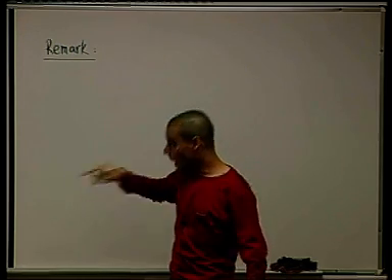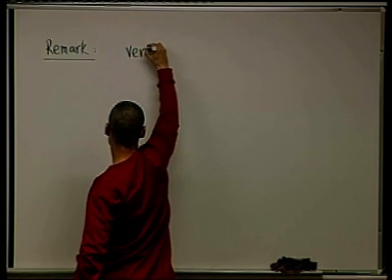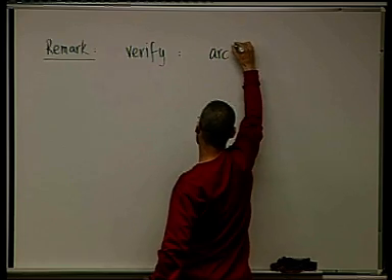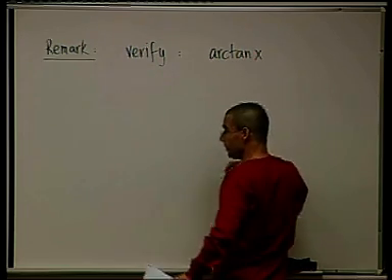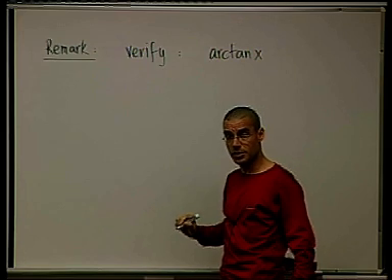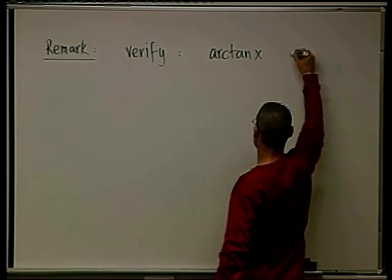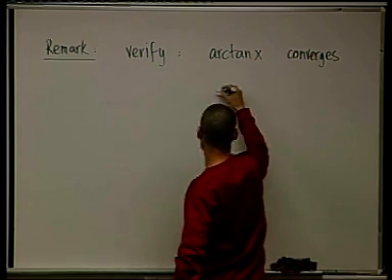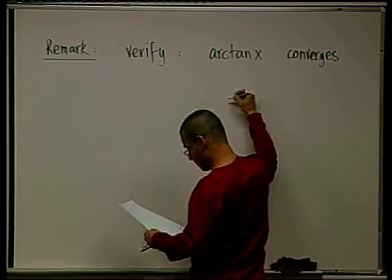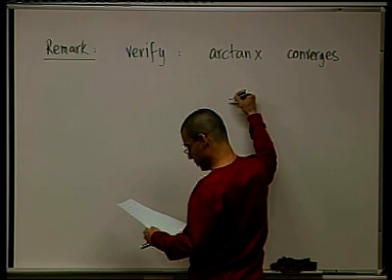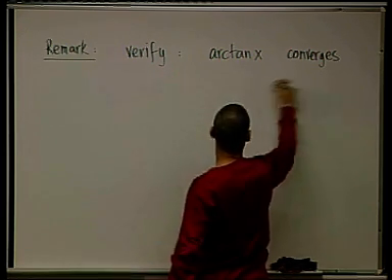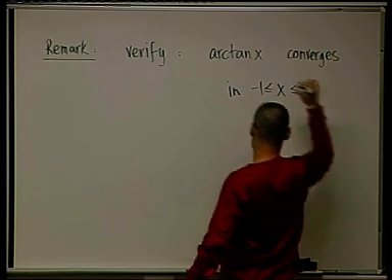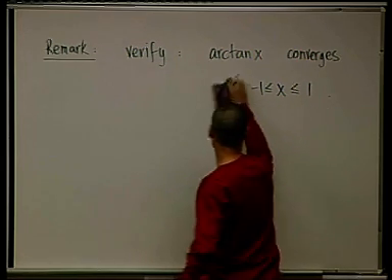Verify, it's very easy: arctan x, which is that power series we just found, converges on the closed interval, I think. Yes, it converges for absolute value of x less than or equal to 1.